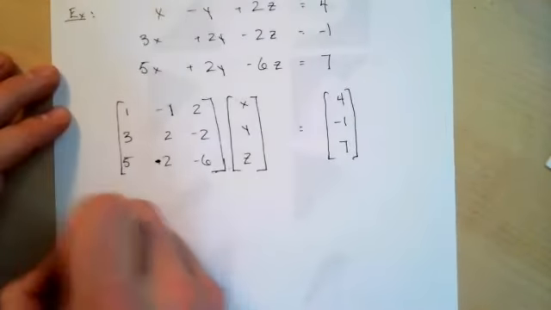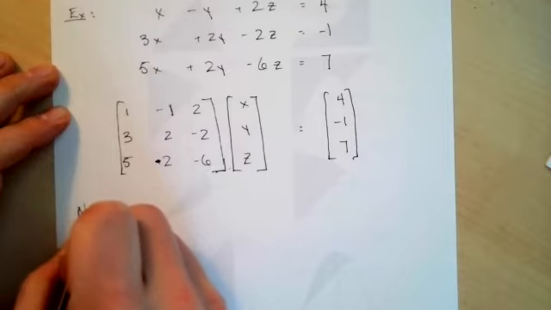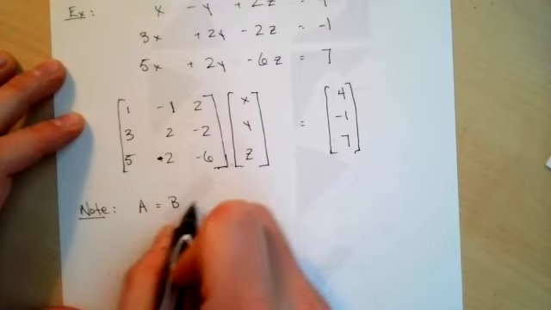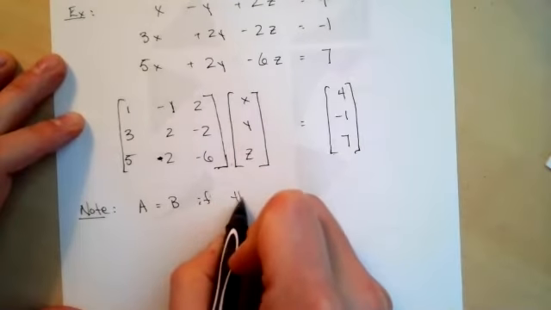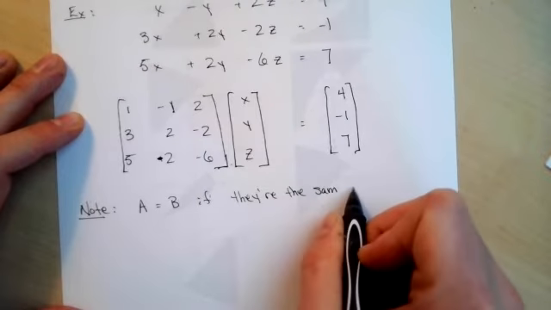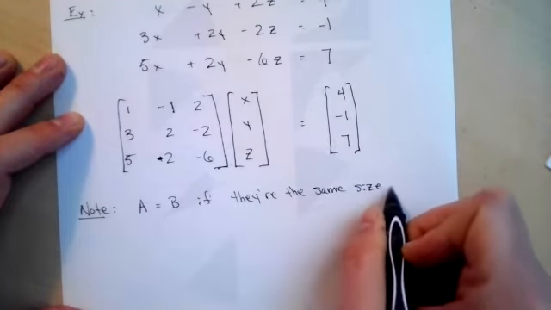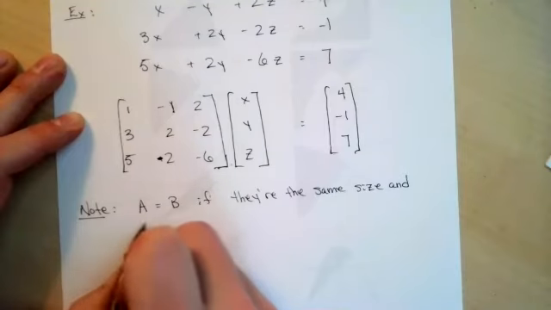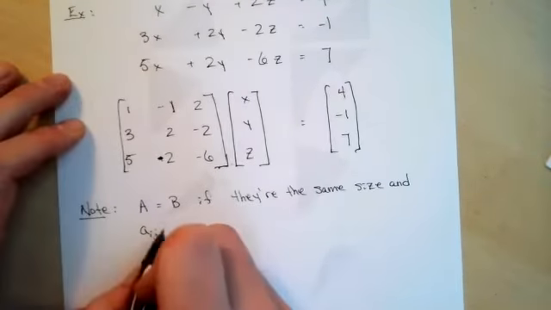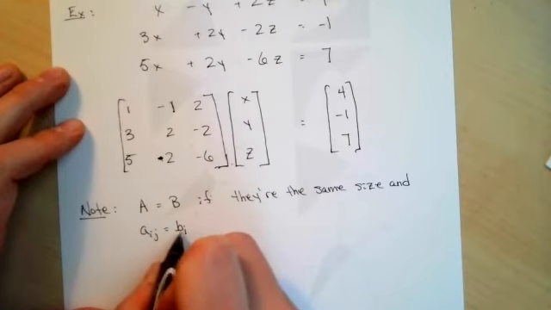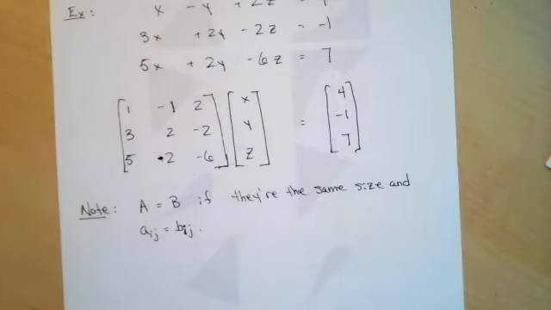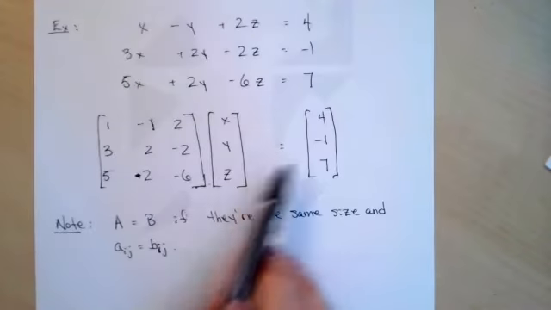I guess we should note, if it isn't clear from the context, that two matrices A equals B if they're the same size and the entries are equivalent at corresponding positions. So all of the entries are the same.